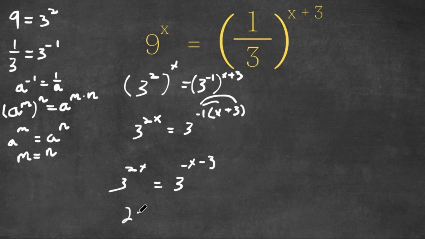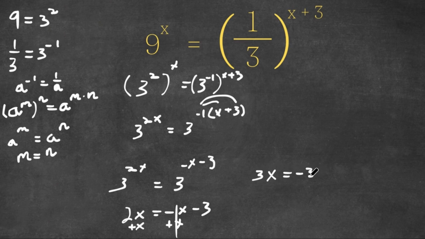So this means 2x is equal to -x minus 3. So now if I add x on both sides, these two cancel out, and I get 3x is equal to -3.